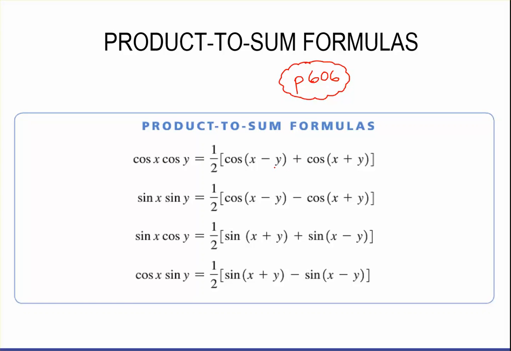Again, sometimes that helps us. Sine of x times sine of y. Again, there are different formulas there. I'll give you guys a few seconds here to write those down, or maybe just flip open your textbook to page 606 just so we're on the same page there.